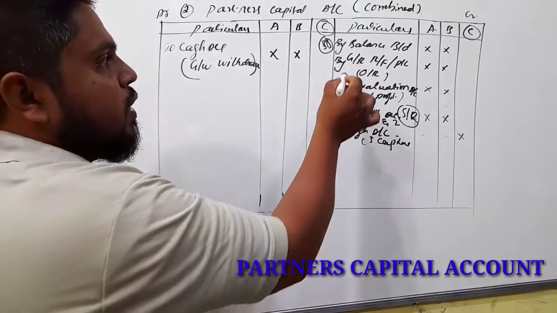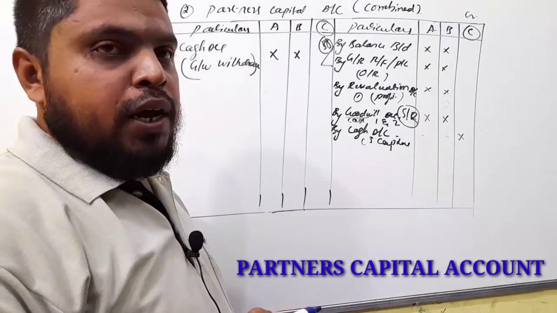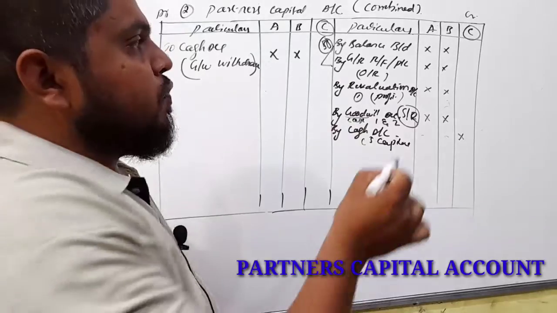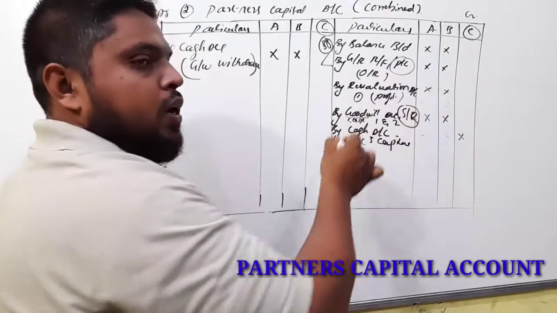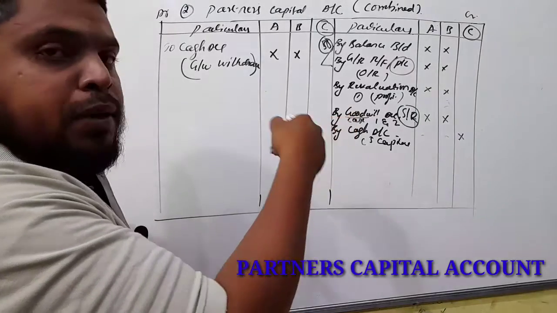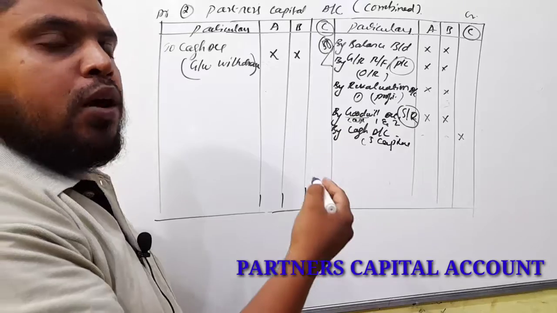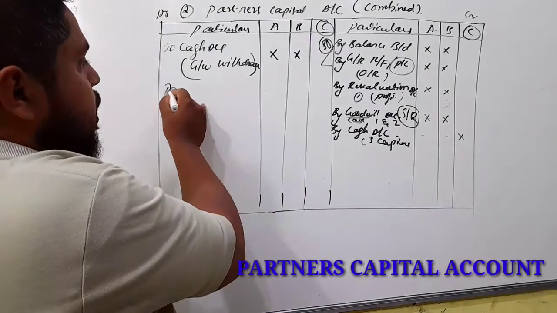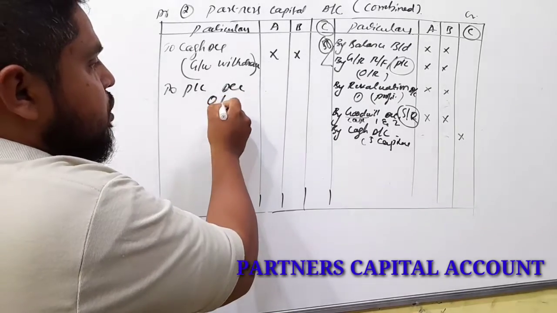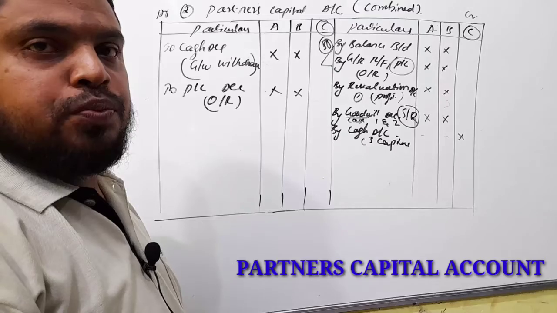So first, capital, general reserve, reserve fund, PL account which are given in the balance sheet liability side. Suppose if you get PL account on the asset side in the balance sheet in the question, that PL account will be treated as loss. That should be recorded under partners capital account debit side, and it should be shared among the old partners in their old ratio.